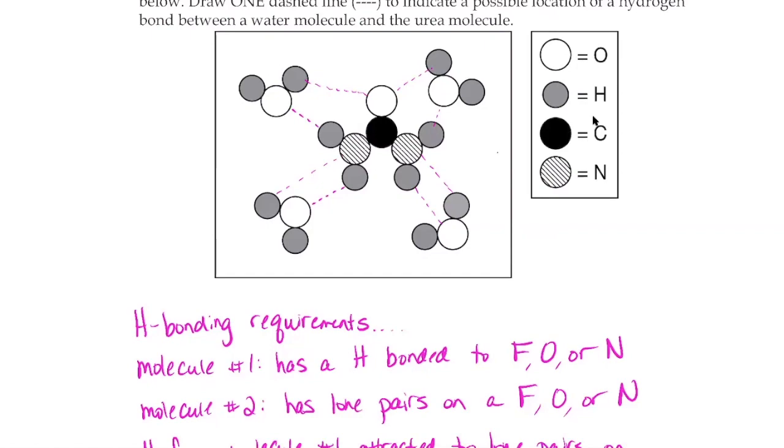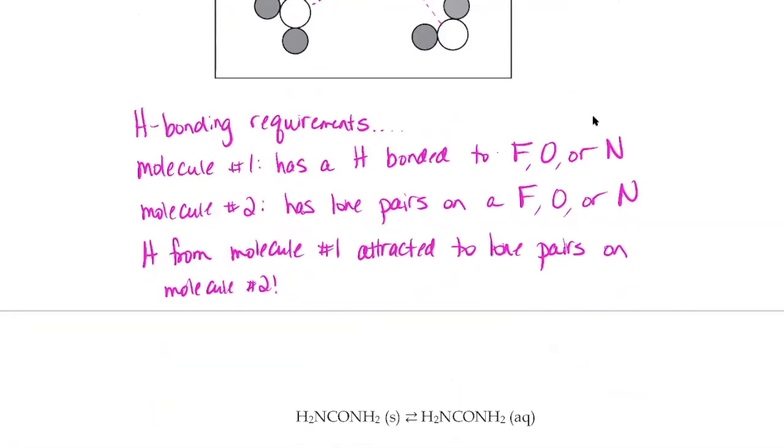What else am I missing there? Right, the oxygen from the water molecule could be attracted to the hydrogens on the urea, is the other kind you might have there. So there's lots of different options. As long as it meets these 2 requirements, you're good. Any hydrogen bonding questions that you might have?